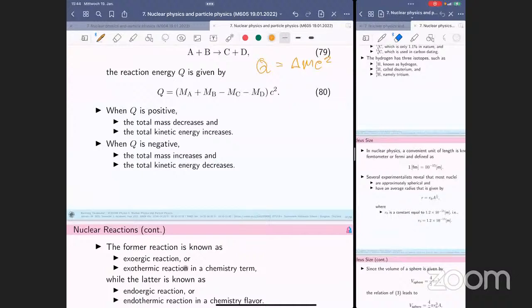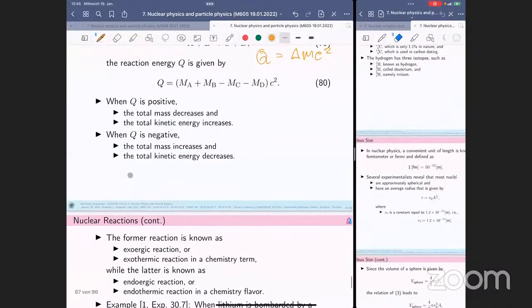Thermal energy is the main stuff for chemistry. So they call the same process when Q is positive an exothermic reaction. When Q is positive, you have to think about the mass difference. If the mass difference is positive, the energy turns out to be positive too.